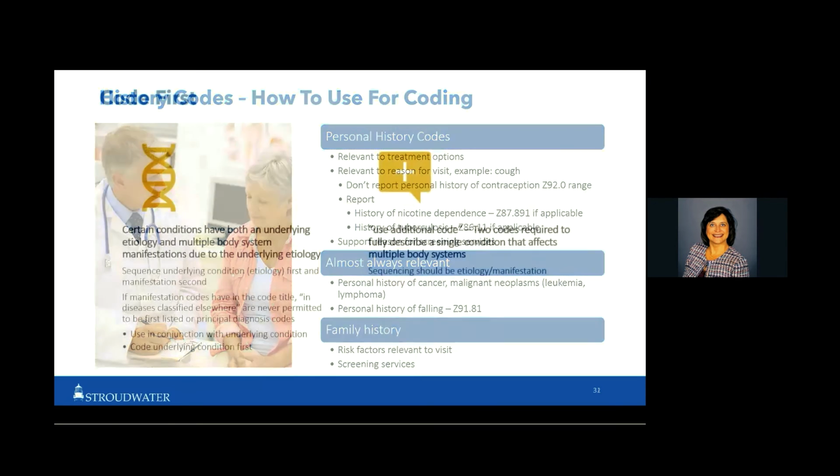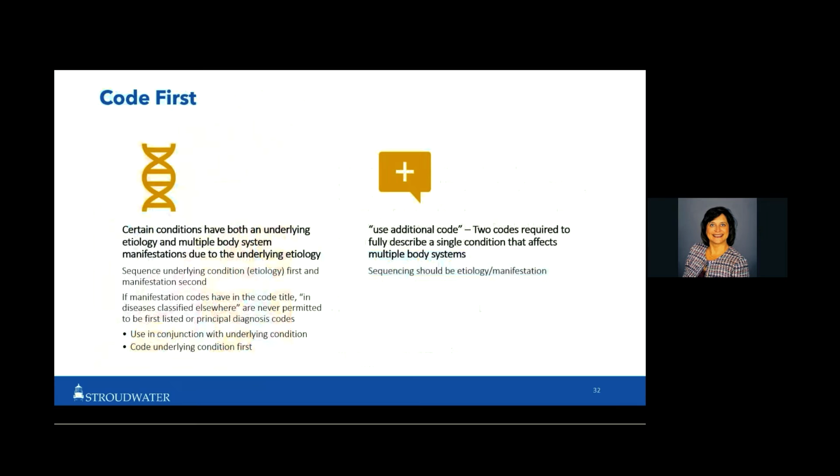The things that you want to make sure of when you're doing coding is that certain conditions have both an underlying etiology and multiple body system manifestations due to the underlying etiology. So you want to sequence the underlying condition first and the manifestation second. And then you want to make sure that you use additional codes.